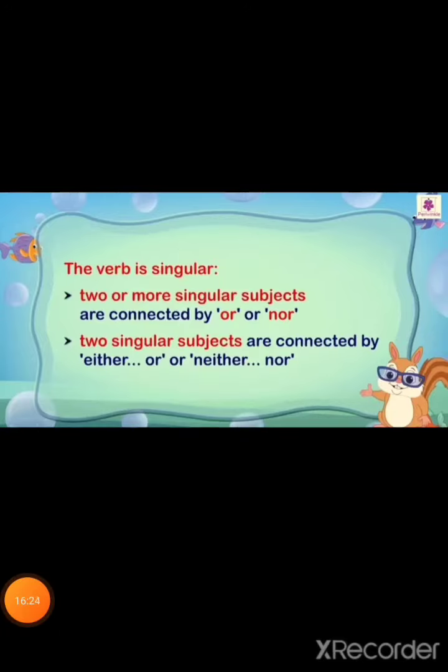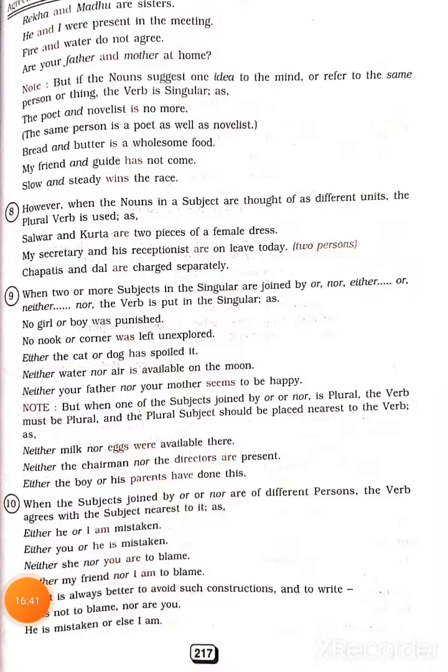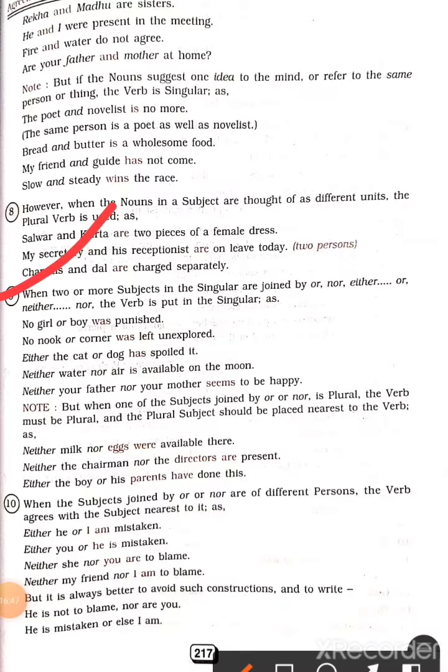The verb is also singular when two or more singular subjects are connected by or, nor, either or, neither nor. As I have already told you, the same thing is written in your book as well. Look at number 9.